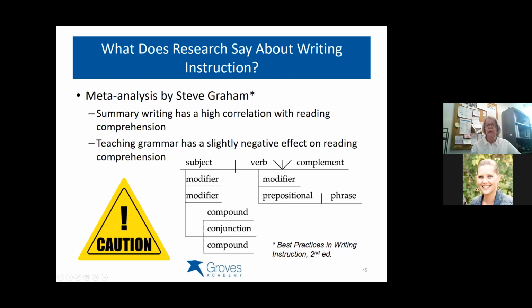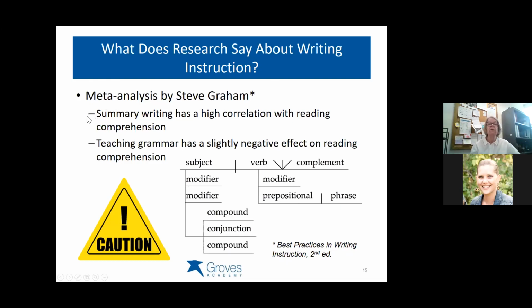A lot of what we're talking about here comes from a volume that he edited, with articles and edited articles, called Best Practices in Writing Instruction, second edition. He's done a meta-analysis of all kinds of studies of what works in writing instruction.